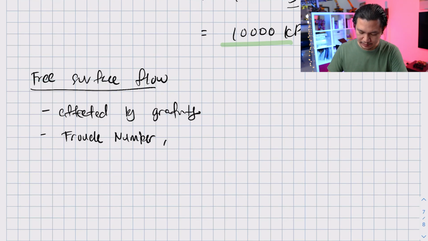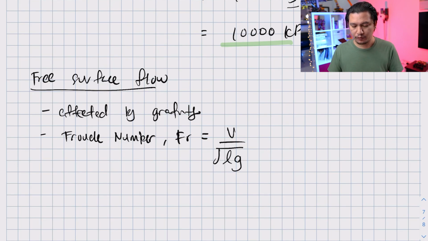We denote that as Fr, and Fr is equal to velocity divided by the square root of length times gravity. For a few cases, Reynolds number is also important for free surface flow.